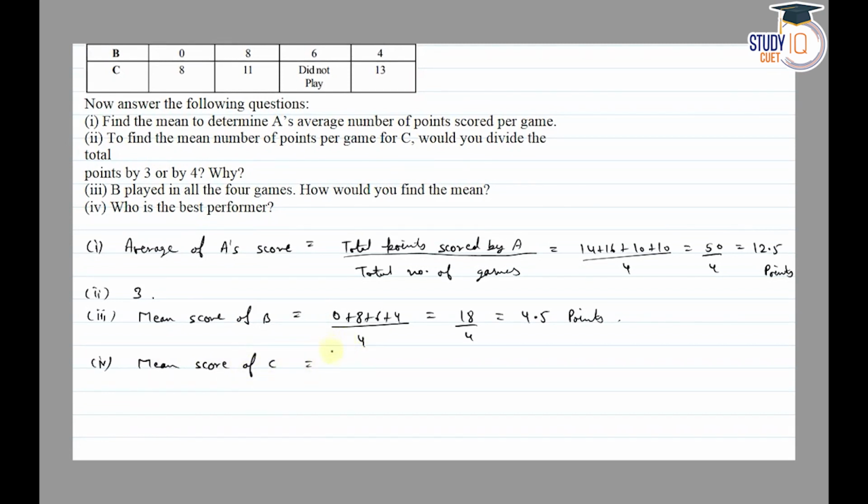So C के लिए आ जाएगा हमारे पास 8 plus 11 plus total points scored by C upon total number of games 3. So हो जाएगा 32 by 3, so हो जाएगा 10.67 points.